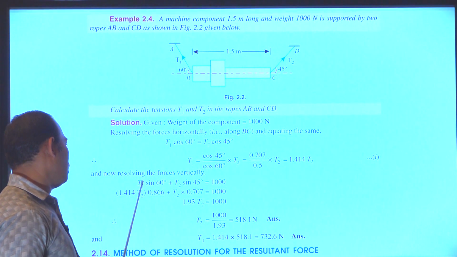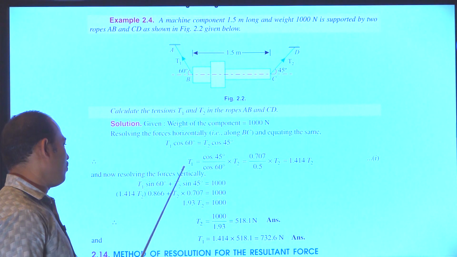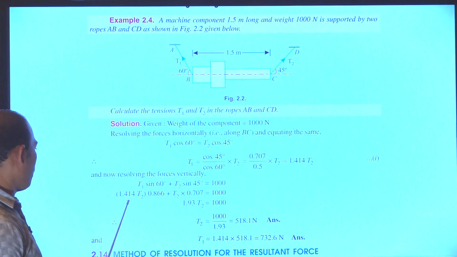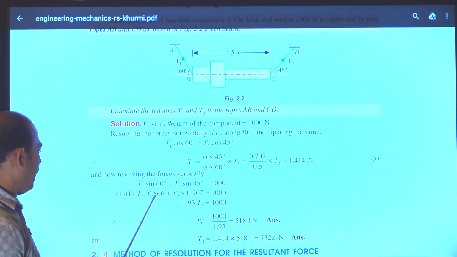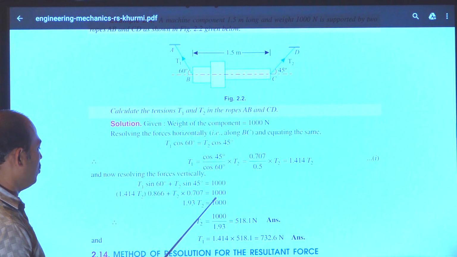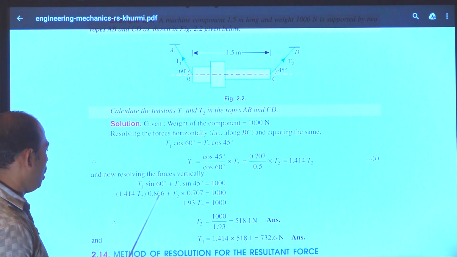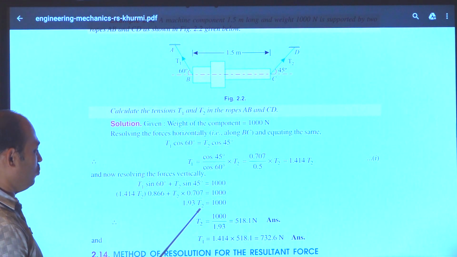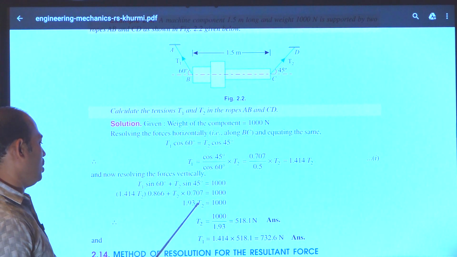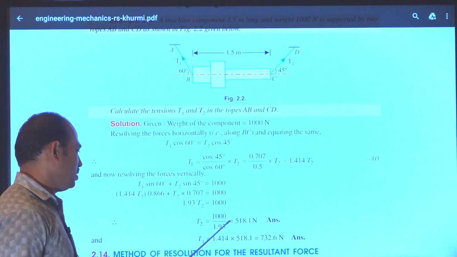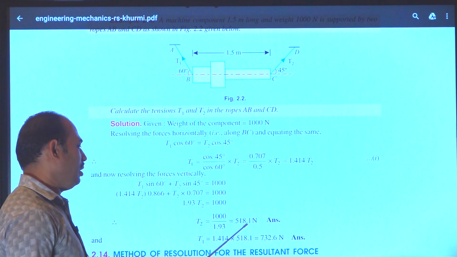Substituting the value of T1 from equation 1: 1.414 T2 into 0.866 plus T2 into 0.707 equal to 1000. Summing both gives 1.93 T2. Then T2 is 1000 divided by 1.93, equal to 518.1 Newton.